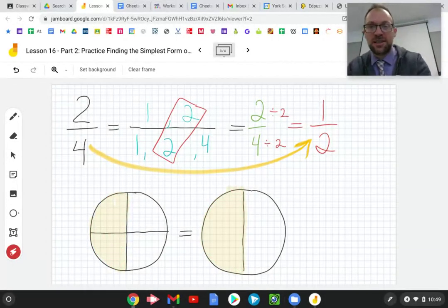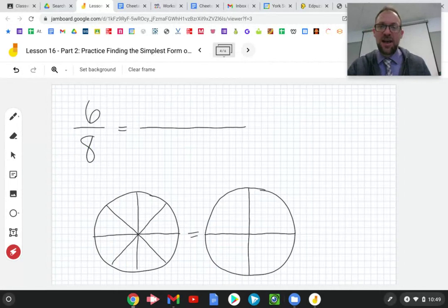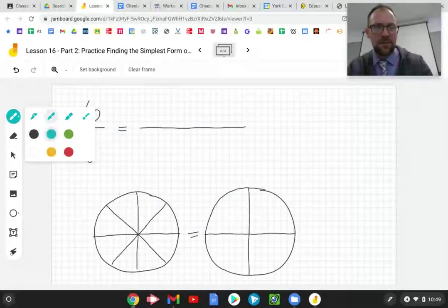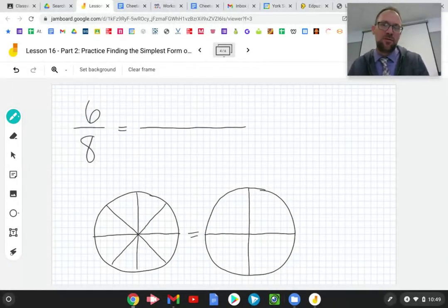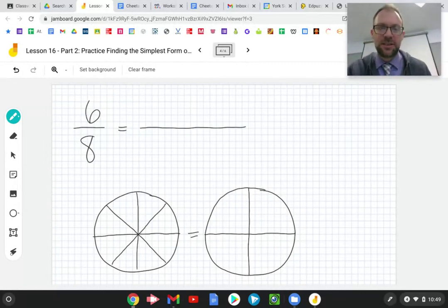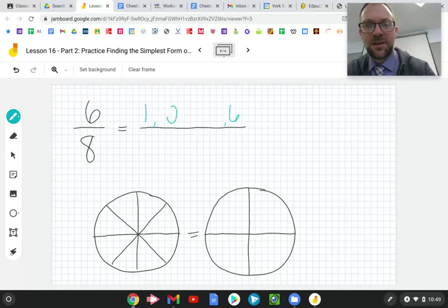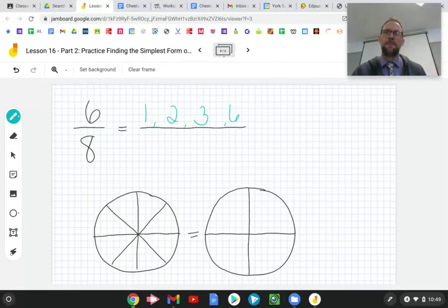All right, so let's take a look at 2 more examples today. I'll do one, and then you'll help me with the second. Here we have 6/8. Step 1 requires us to find the greatest common factor of 6 and 8, the top and bottom numbers, the numerator and denominator. So all the factors of 6 are 1 times 6 and 2 times 3.